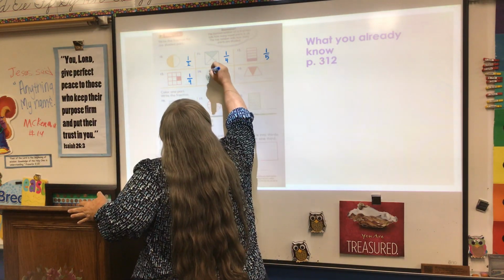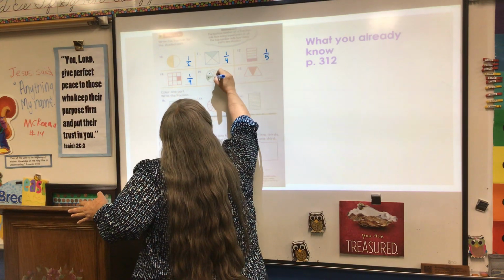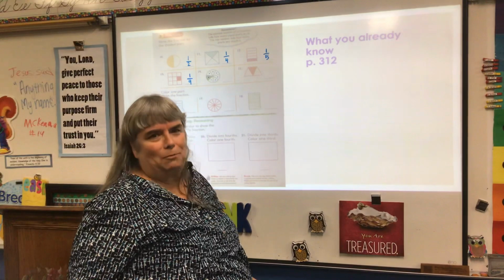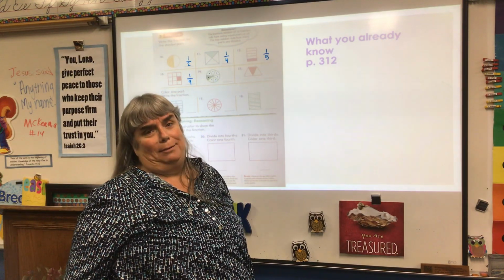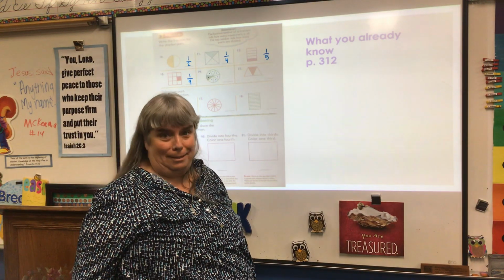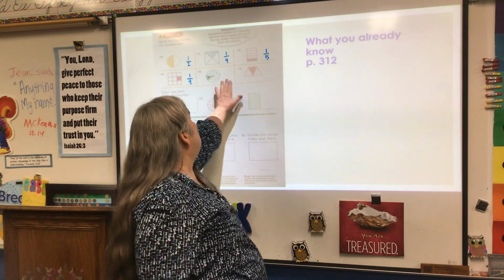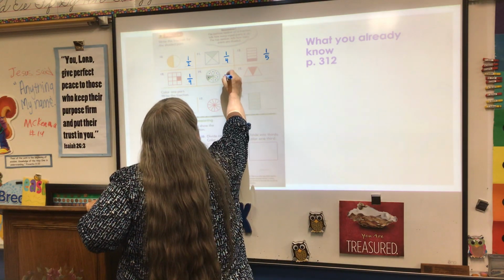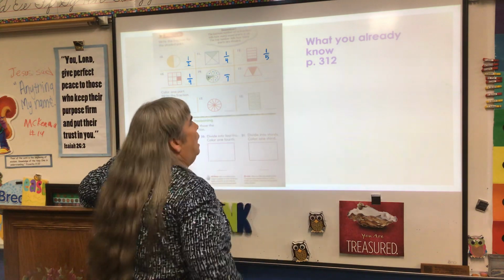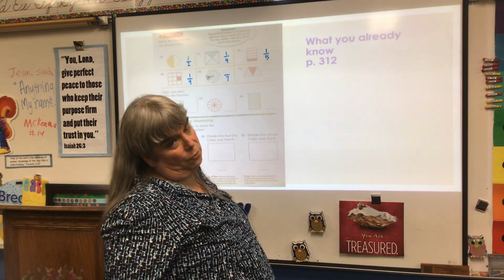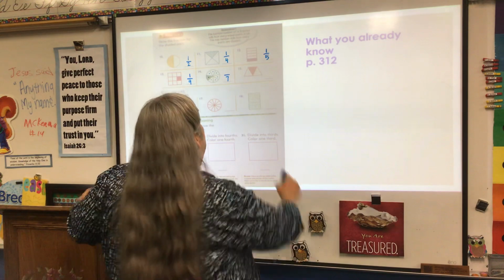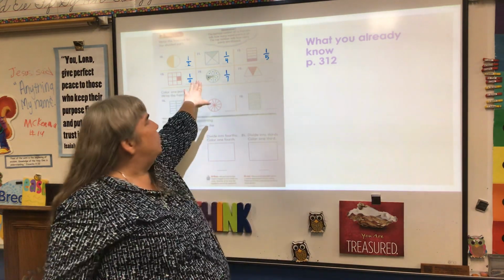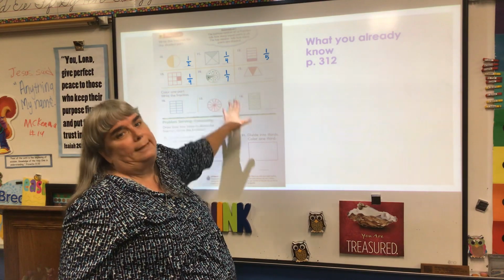I'm going to go 1, 2, 3, 4, 5, 6, 7. My suspicion was confirmed. It's an odd number. There are 7 slices in that pie. So then I know that the number on the bottom is going to be 7. I also know that this is a unit fraction, so I know that the number on the top is going to be 1. So on number 14, the answer is 1/7.